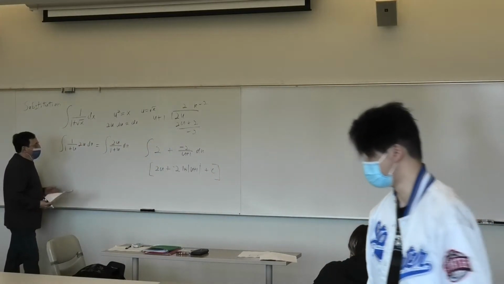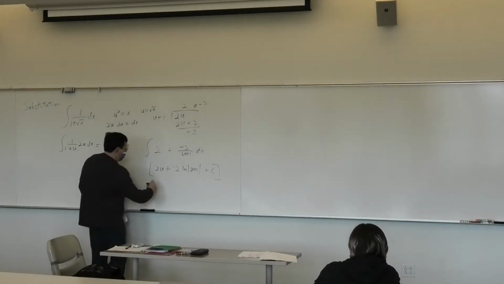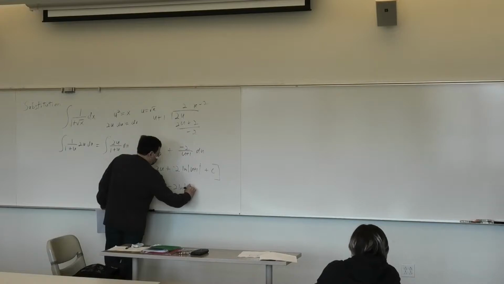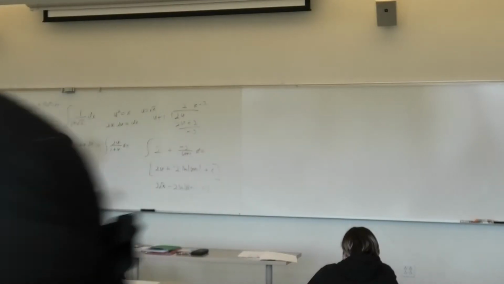And at this point, all we have to do to finish up is to substitute back. So we get 2 square root of x minus 2 log of square root of x plus 1, plus our constant of integration.